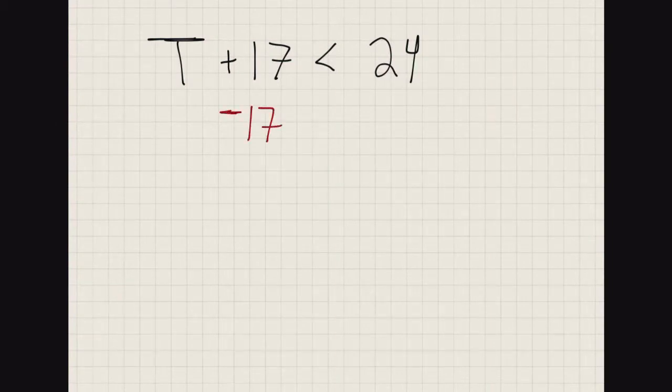Very good. And I see that the 17s go away on the left. And so t is going to be less than what? 24 minus 17 is what? It's 7. 17 plus 3 gets you to 20. Add 4 more, 24. 3 plus 4 is 7. So it's 7. Like so.